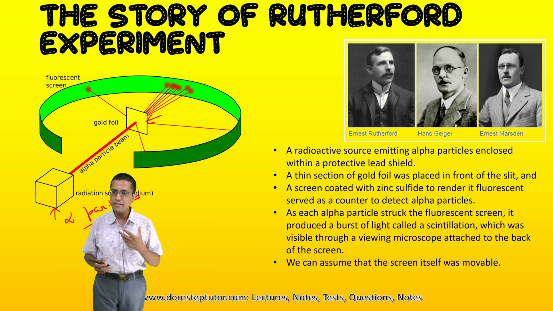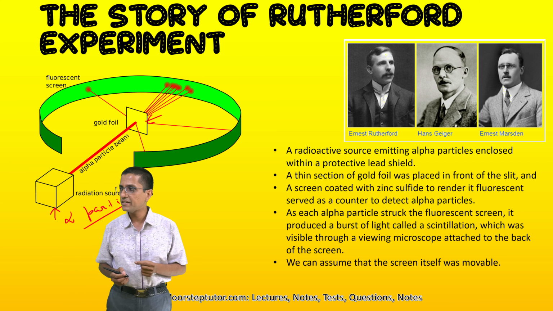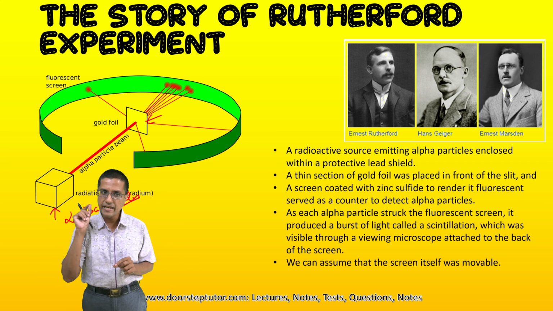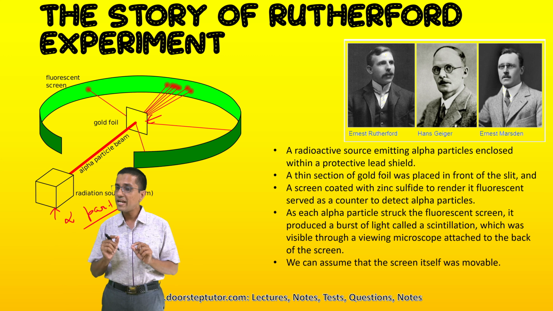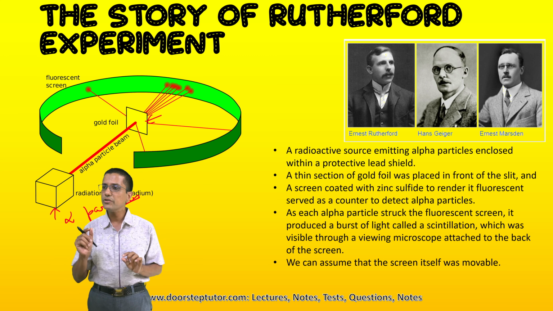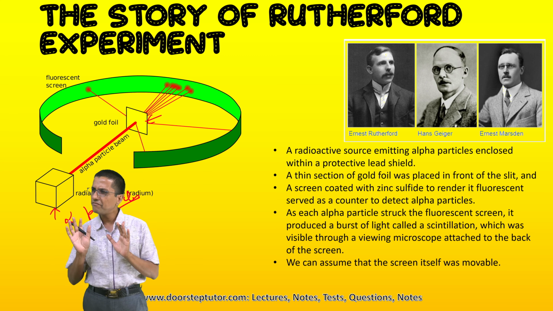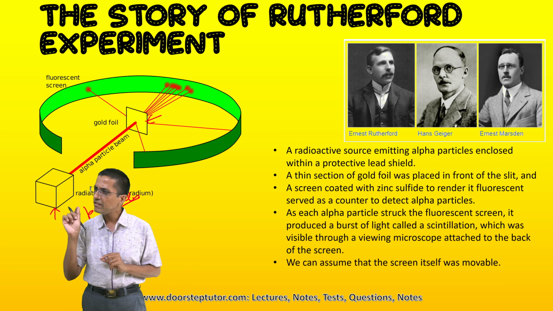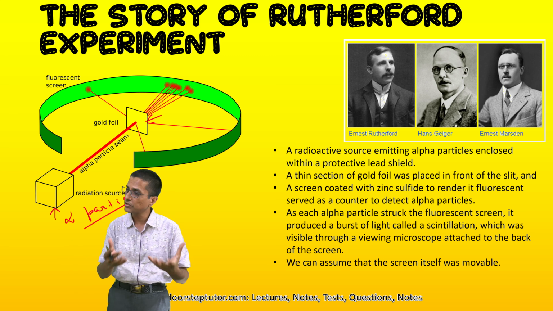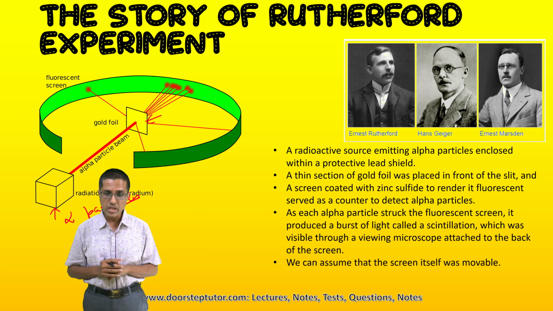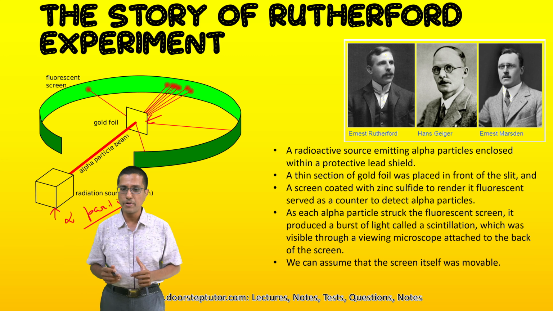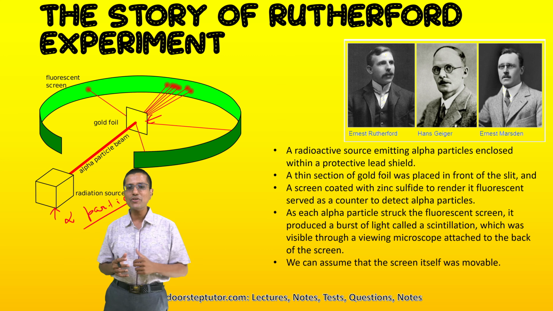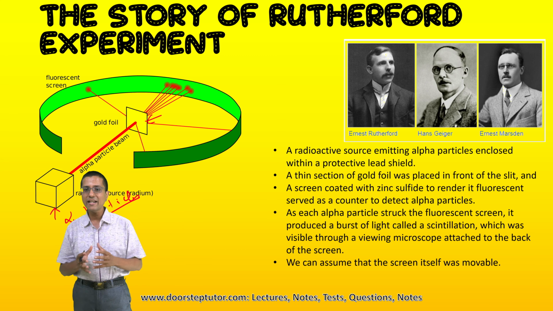He found out that when an alpha particle hits a plate of zinc sulfide, it produces a flash. It is a very faint flash. Those are known as scintillations. Very faint flashes are actually observed at those points, but they are not very bright. So what would Geiger and Rutherford do?